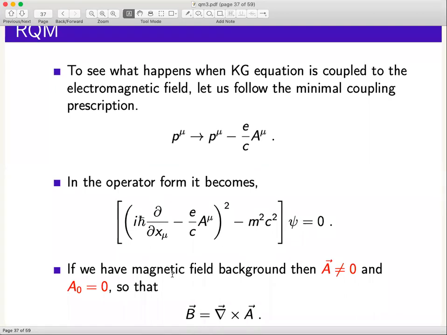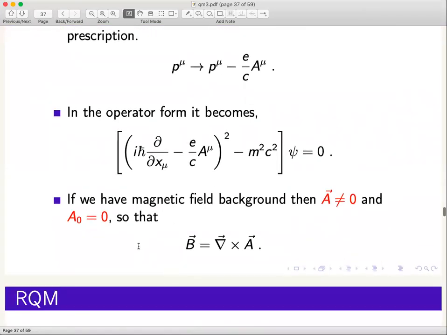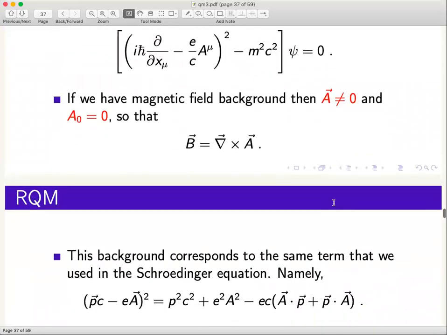So if you have a purely magnetic field background, then of course A0 would be 0 and the vector potential would be non-zero, and your magnetic field would be just the curl of the vector potential. Of course, you know that the magnetic field would be produced by moving charges, and in that sense, if you are studying a static problem, the magnetic field would be a subleading effect.